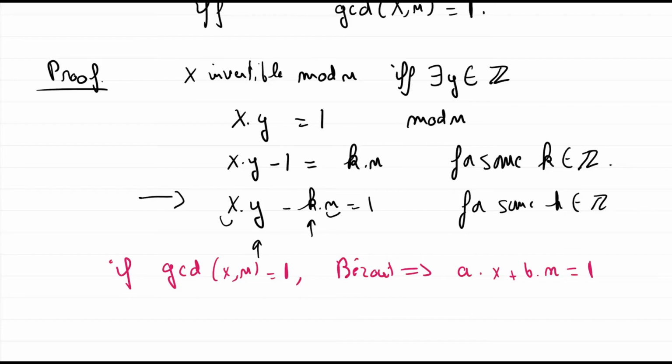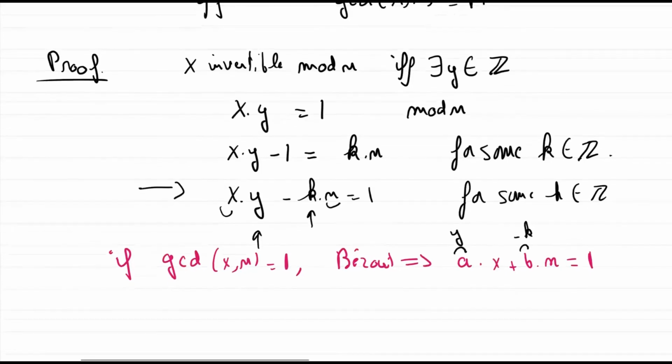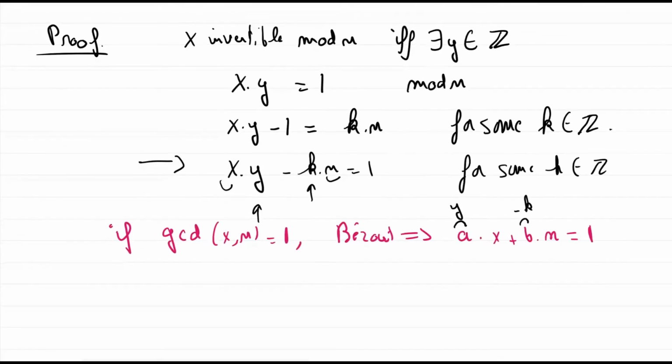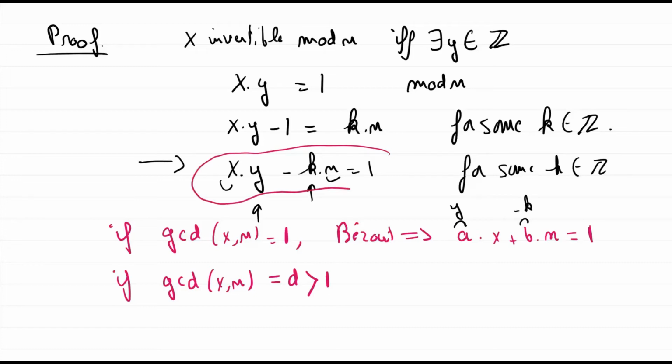Now I have this identity because I can just take y equals a and k equals negative b. This shows that if x and n are relatively prime, then x is invertible modulo n. Now reciprocally, if the greatest common divisor d is some integer greater than 1, in this case this identity cannot be satisfied because d is a divisor of x and it is a divisor of n.